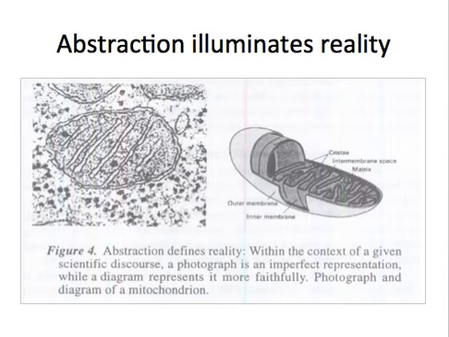If we look at a couple of things, the advantages and the disadvantages of abstraction, what we know is abstraction illuminates reality. I've just taken a couple of pictures in this slide and the next slide to illustrate this. This is a diagram of a particular, what's it called, mitochondrion.